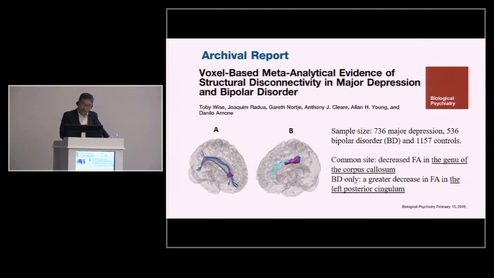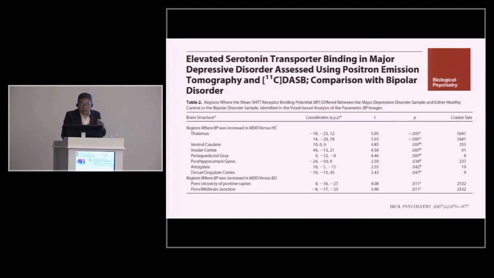You can also see some changes, but the results are inconsistent. Some papers try to find out the serotonin transporter in bipolar depression and unipolar depression, and they can find some changes, and they try to use serotonin transporter imaging to differentiate unipolar and bipolar. I think that's also the most important part for the clinician.